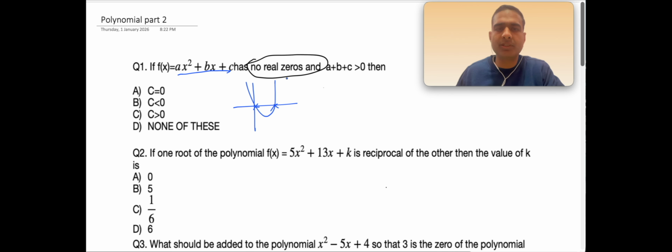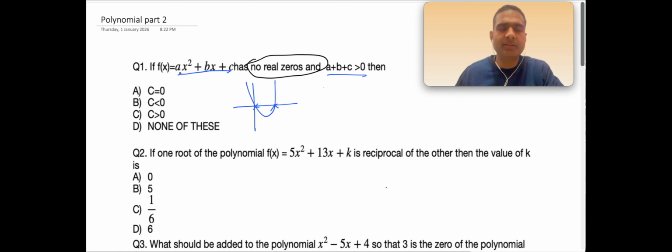And if it is above the x-axis, then it is opening upwards, and if it is below the x-axis, then it is opening downwards. Whether this is opening upwards or downwards, we can find out from the sign of the coefficient of x square. Now one more piece of information is given that a plus b plus c is greater than 0. Now what is a plus b plus c?